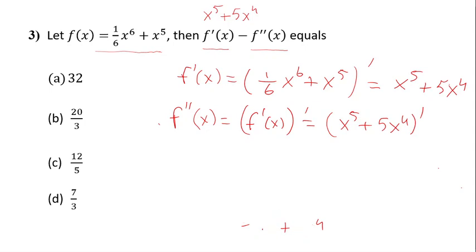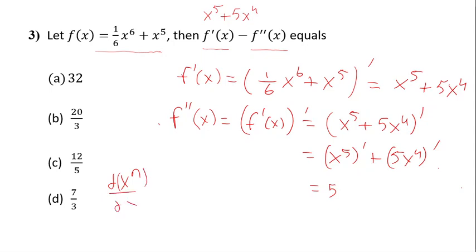And now, let's distribute the derivative. By using this derivative rule again, it has to be 5 times x to the 4th, plus 5 times the derivative of x to the 4th.